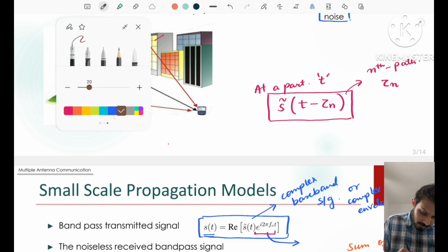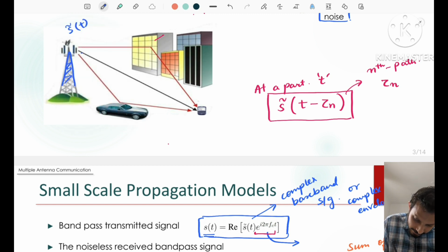Let us now say that there is a slight change in the receiver location. Or we can say this moving object has moved a little bit. So now the propagation wave has a slight change in both the paths.